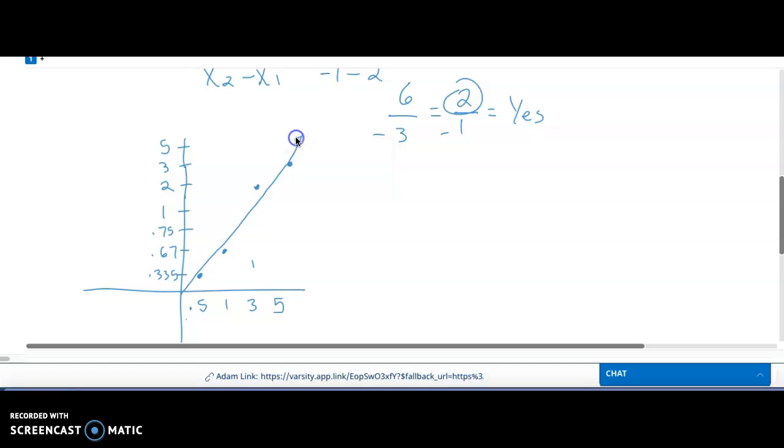So this is linear. Okay. So if it's linear, that means it has a y equals mx plus b equation.